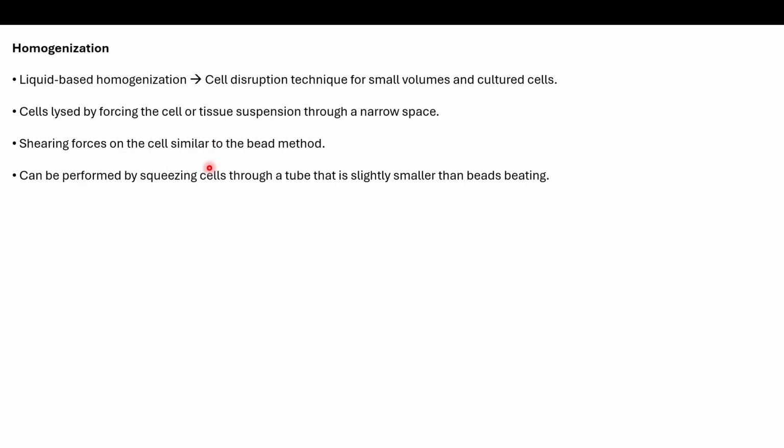It is similar to the bead beating or bead milling method, where the complete cell cannot pass through the small space, so the cell wall is retained and the intracellular content comes out. Basically, we are squeezing the cells through a tube that is smaller than the dimension of a cell.